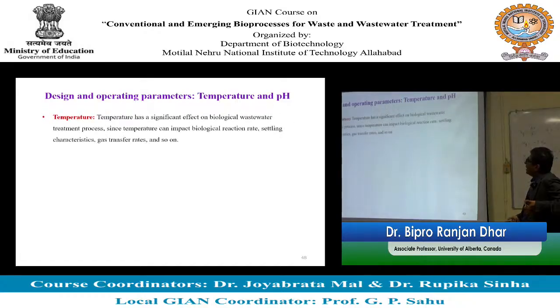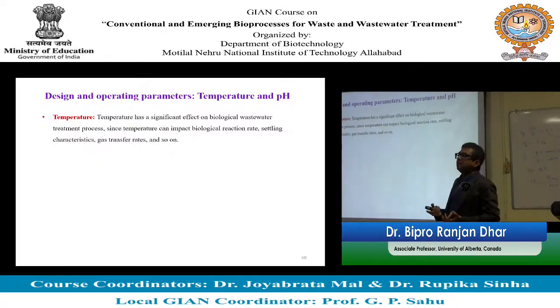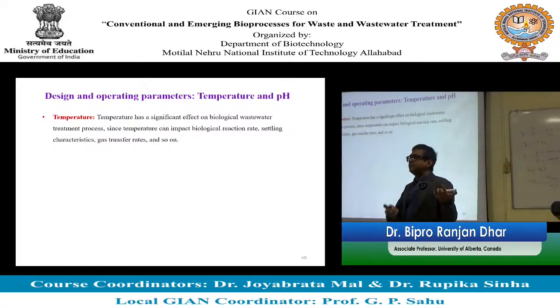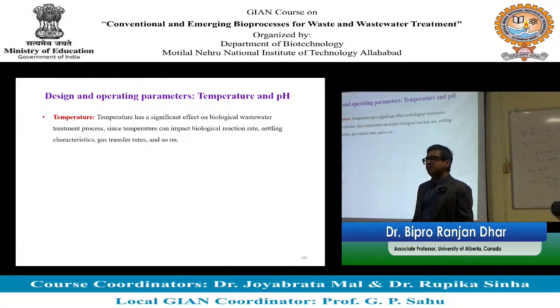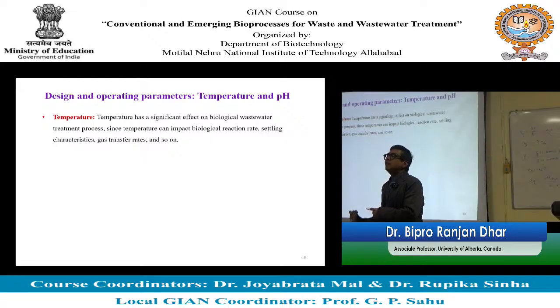When we talk about kinetic parameters, yesterday we learned that the degradation rate changes with temperature, right? Sometimes you might have kinetic information for some microbes at a certain temperature. Let's say you did a laboratory experiment and came up with some kinetic coefficients, but you did your experiment at 20 degrees Celsius, and now you want to design something at 30 degrees Celsius.